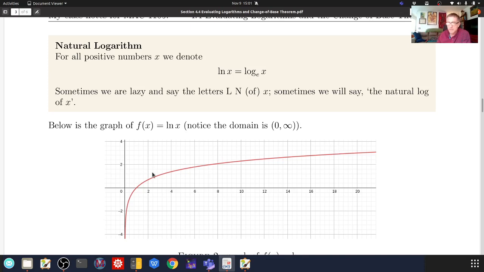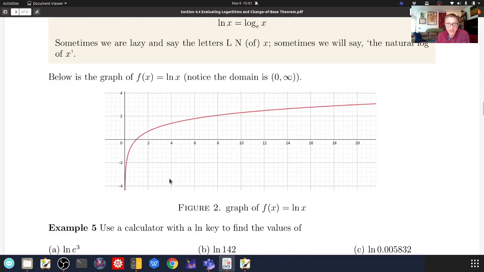This is the graph of the natural log of x. The domain, as always, is 0 to infinity, and the range is minus infinity to infinity. Notice how quickly it changes. As soon as we get to the value on the x-axis that's equal to e, it quickly increases without bound in the negative direction.